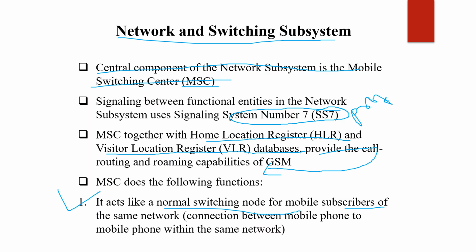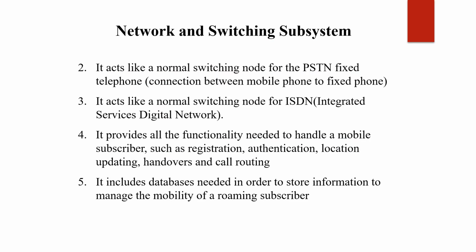First, switching of your node from mobile subscriber to mobile subscriber, a connection between mobile phone to mobile phone within the same network. Second, it performs as a switching node for a connection between mobile phone and fixed phone. And the third is that it performs as a switching node for ISDN, Integrated Services Digital Network.